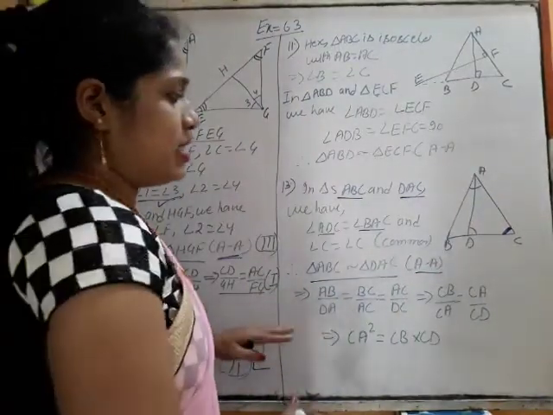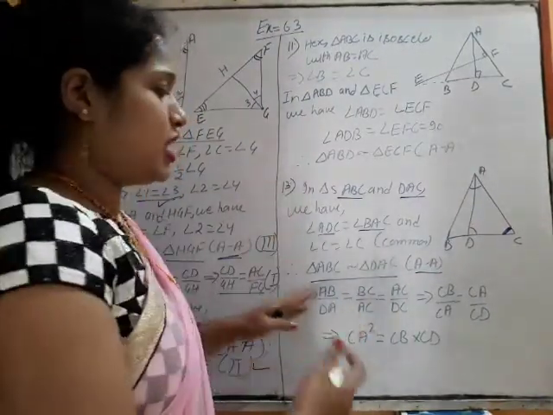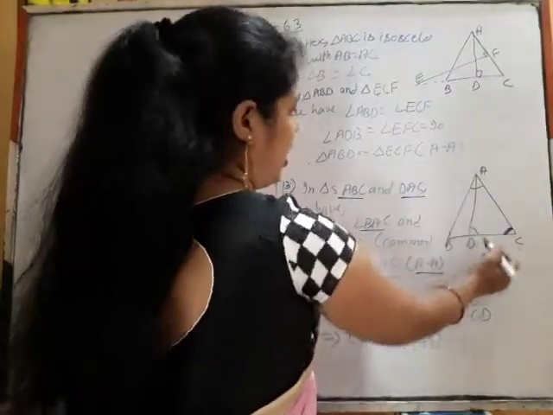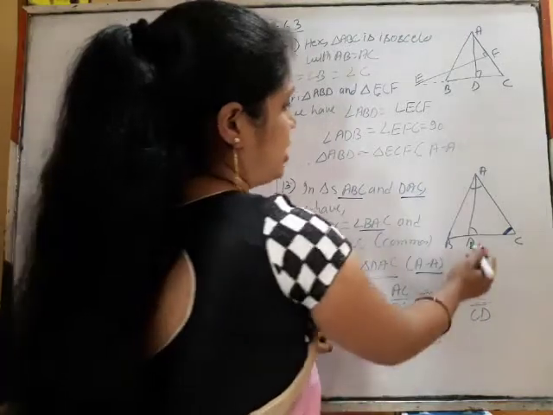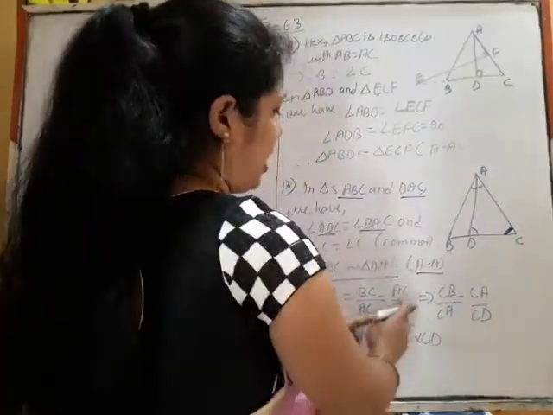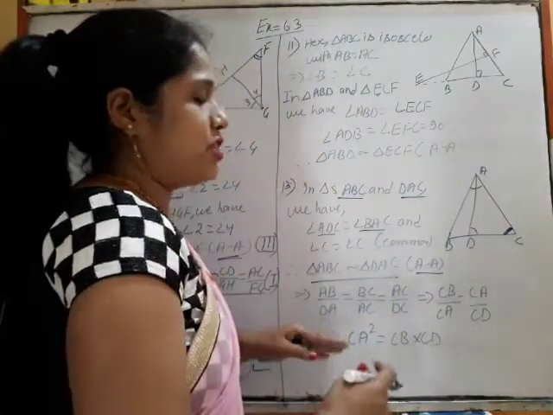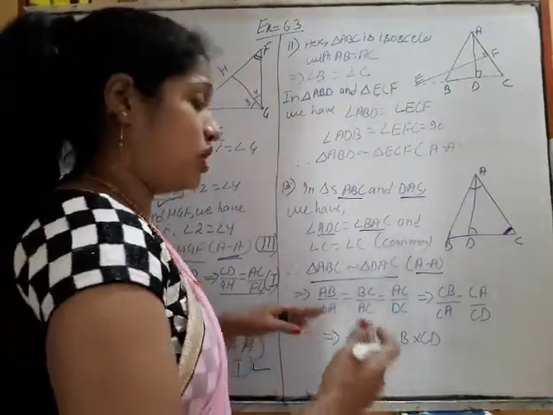Now, if the triangles are similar, the corresponding sides are in the same ratio. So AB upon DA, BC upon AC, and AC upon DC. AC is the side common between both the triangles.